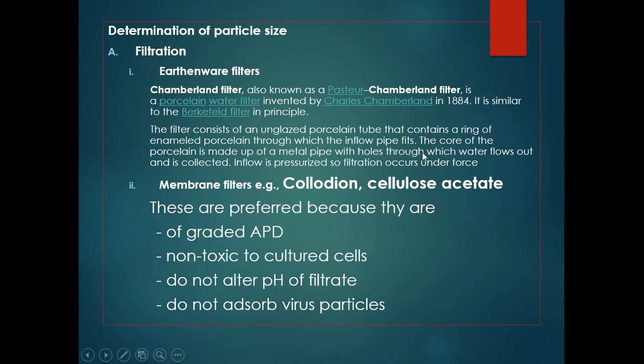The core of the porcelain is made up of a metal pipe with a hole through which water flows out and is collected. Inflow is pressurized, so filtration occurs under force. This whole process we will see in another video lecture.